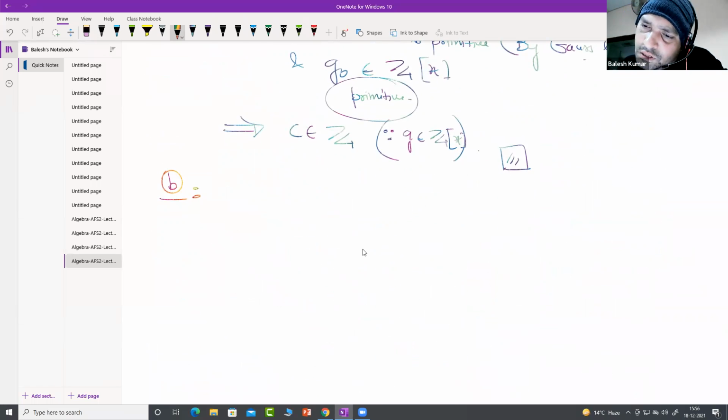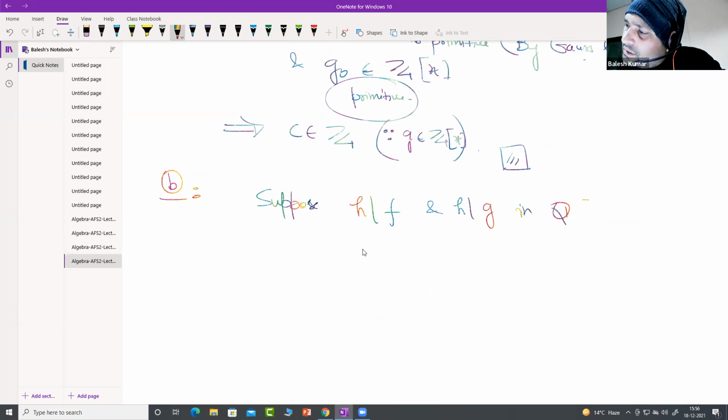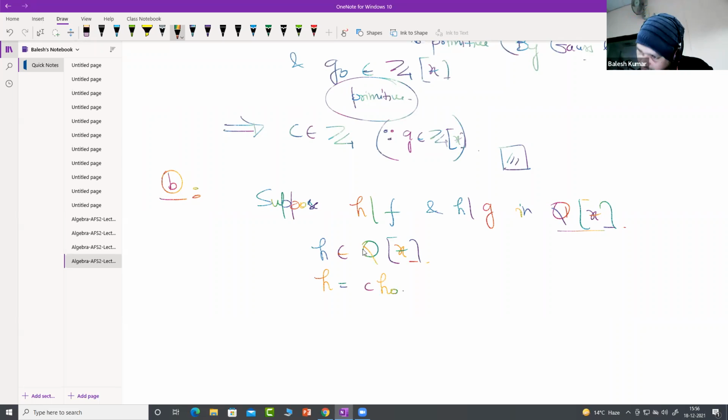For example, suppose you have a common factor h, so h divides f and h divides g in Q[x]. This is the meaning of having a common factor in Q[x]. Now h belongs to Q[x], so again we can use the above lemma to write h as some constant c times h0, where c belongs to Q and h0 belongs to Z[x].